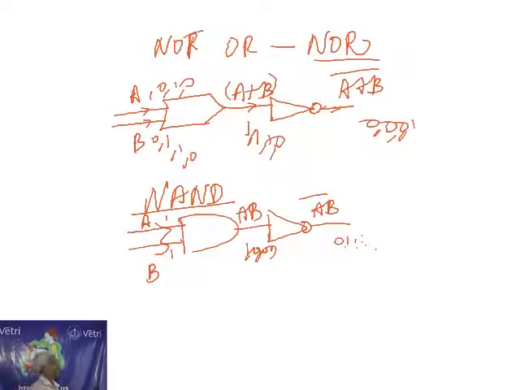Sometimes combinations of gates are also there. If I take the OR and AND combination, what happens? We already discussed that OR is for addition, A plus B, and AND is for multiplication.